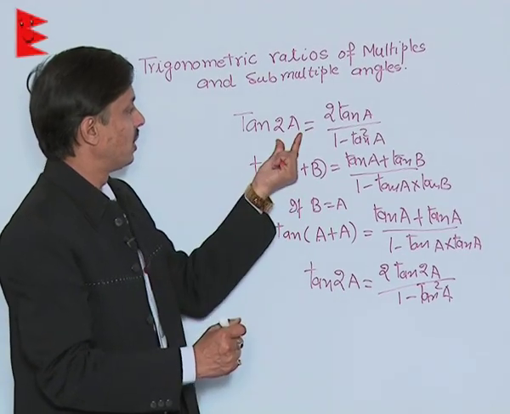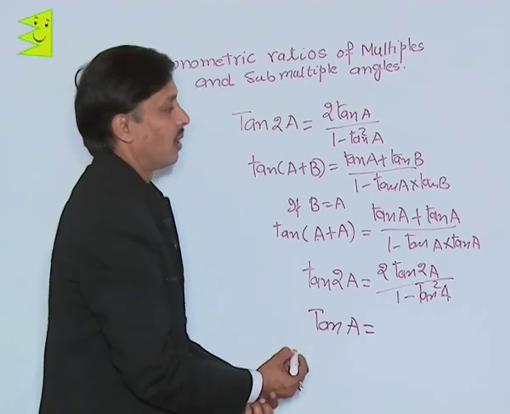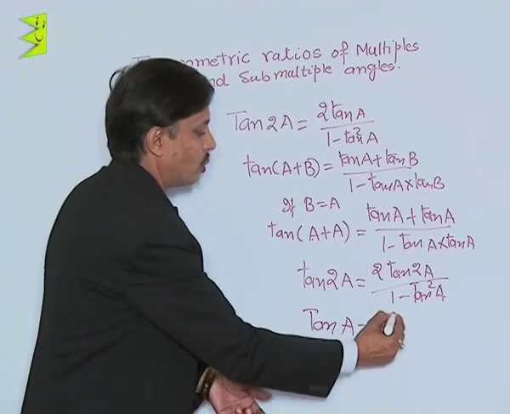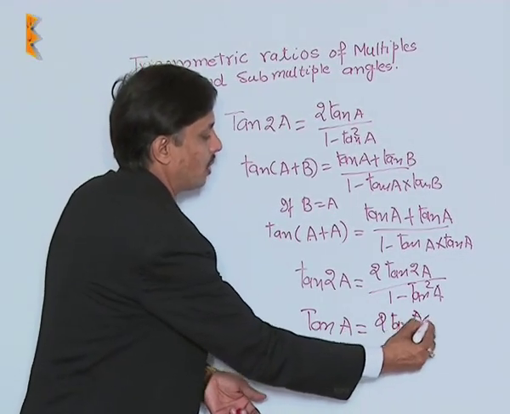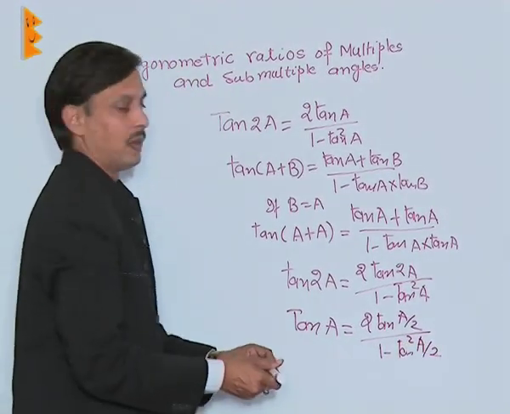In place of 2A, if it is tan of A only, then we can write it as 2 tan A by 2 upon 1 minus tan square of A by 2.